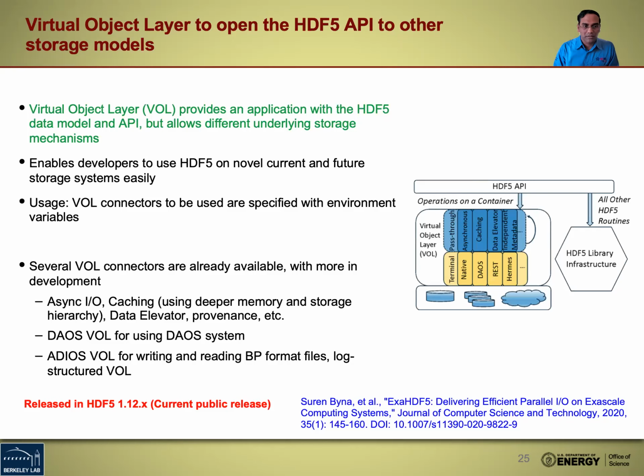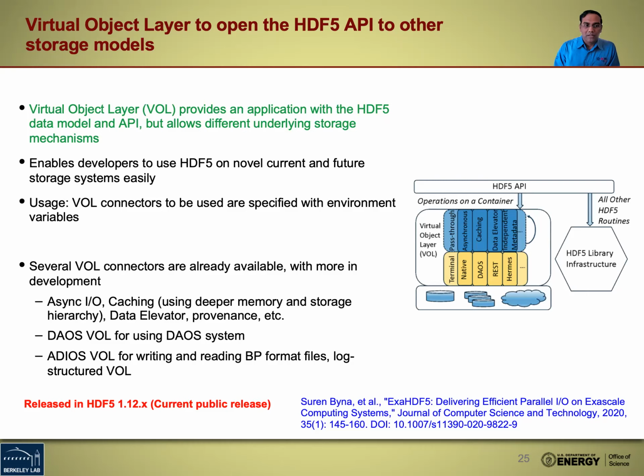So the virtual object layer provides an application with the HDF5 data model and API, but allows different underlying storage mechanisms. For example, there are two types of virtual object layer connectors. Some are pass-through, which just intercept the API and go through to the native or some other terminal connector. Terminal connectors actually deal with how the data is stored at the end.